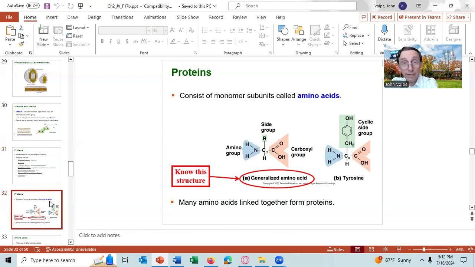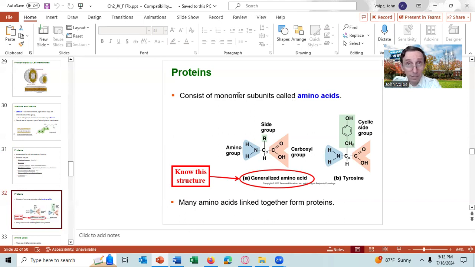Proteins do consist of a monomer, the subunit that we call the monomer of a protein, and we call them amino acids. And the reason why proteins differ more than all the other biological molecules is because proteins have the most monomers. Humans have 20 different amino acids, which get together to make the protein.